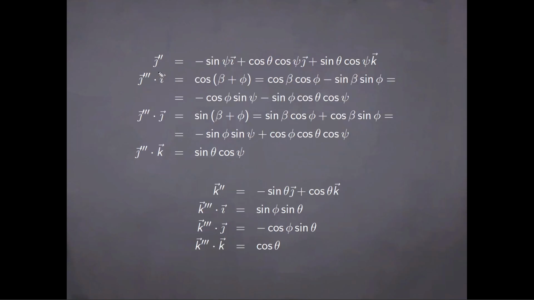Similarly, we can write j double prime in the laboratory frame and use the same argument to construct its direction cosines with the old laboratory axes, and we obtain in the exact same way the quantities here, and we can do the same for the triple primed k-axis.